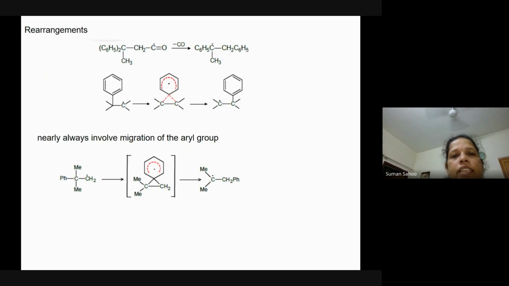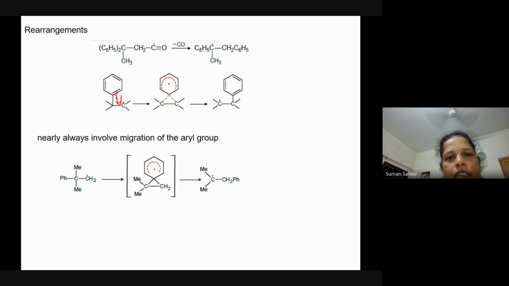Okay, next comes your rearrangement reactions. These radicals also undergo rearrangement. Like in case of carbocations, we know that they undergo rearrangement. In this case also, they undergo rearrangement whenever there is any possibility. Just see this radical which is being formed from the removal of carbon monoxide. So this radical gets stabilized by this arenium ion, so now you have a three centered cyclic intermediate, which again goes back to this carbon.